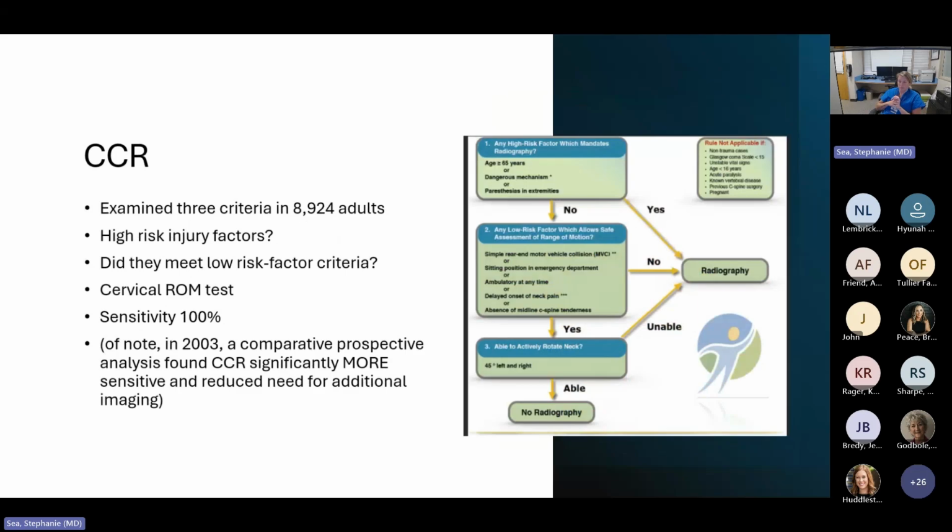Canadian rules also looked at this, the cervical spine rules. They examined based on 3 different types of criteria, and they looked at almost 9,000 adults. So their first criteria was, were there any high-risk factors? For them, age greater than or equal to 65, was there a quote unquote dangerous mechanism?